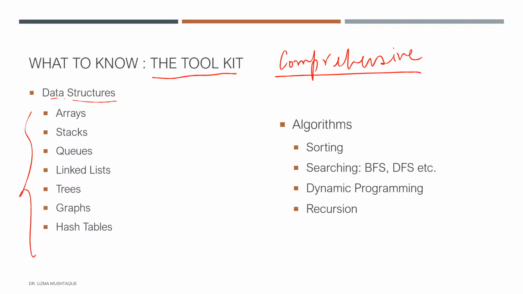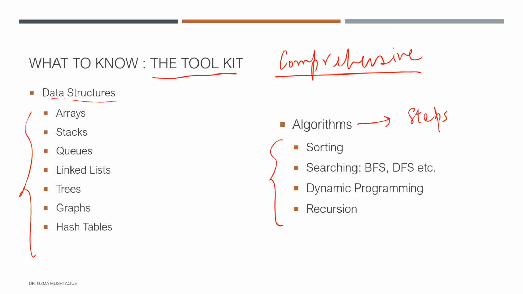Similarly, what is an algorithm? A set of steps used to solve a particular problem, right? And then there are numerous algorithms available in order to solve problems. However, we'll focus on this. Why are we focusing only on these data structures and algorithms?